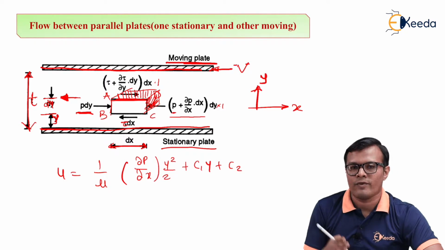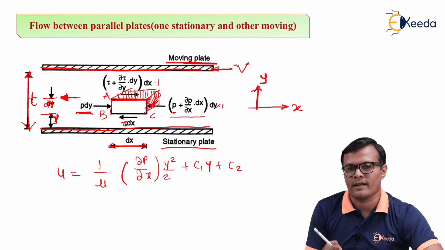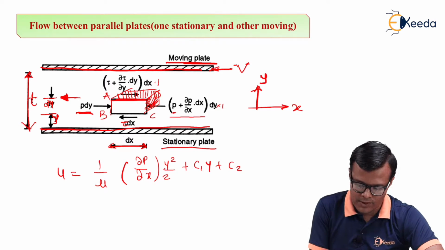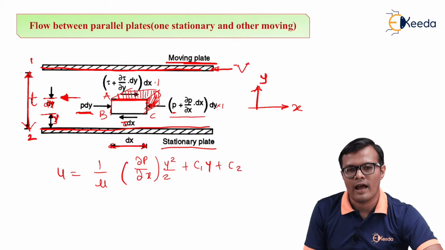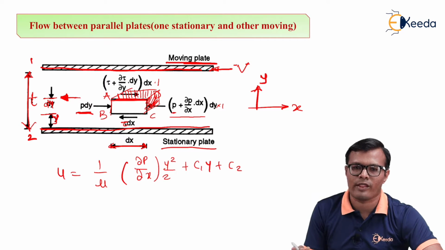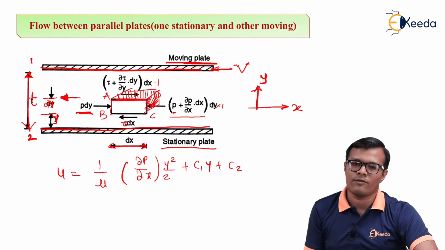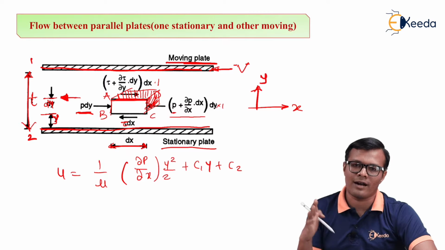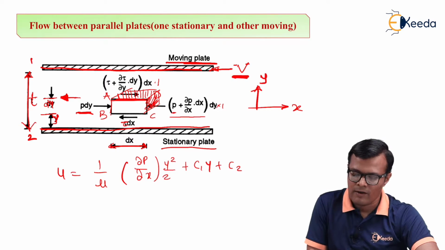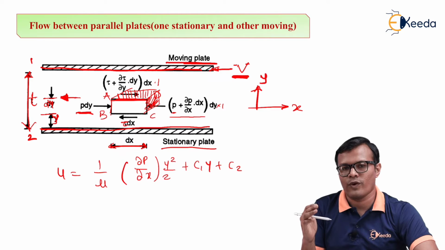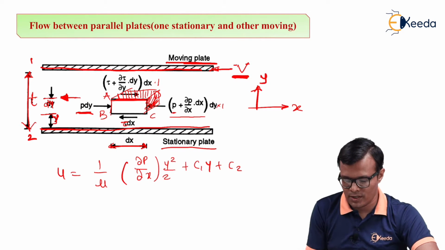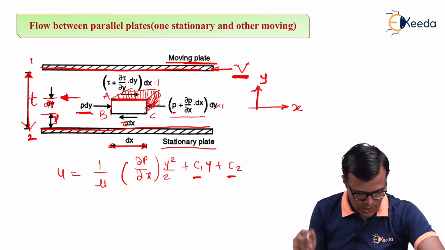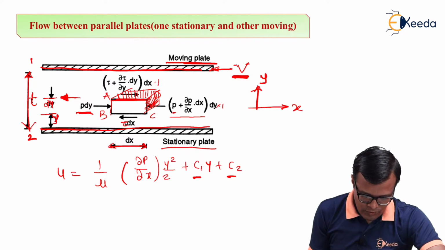In the initial case, when stationary plates were present at both locations, we were considering the velocities at those plates equal to 0 due to the no slip condition. But now in our case, one plate is having 0 velocity and another plate is having velocity equal to capital V. So we are just changing the boundary conditions, and accordingly the values of the constants C1 and C2 will change.